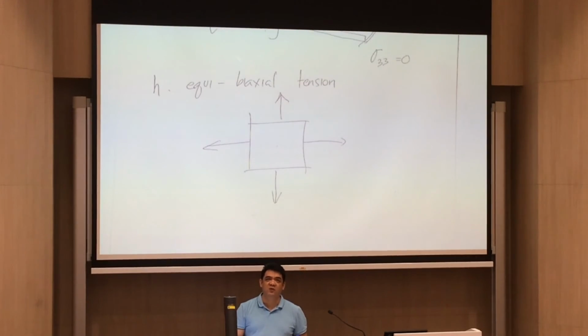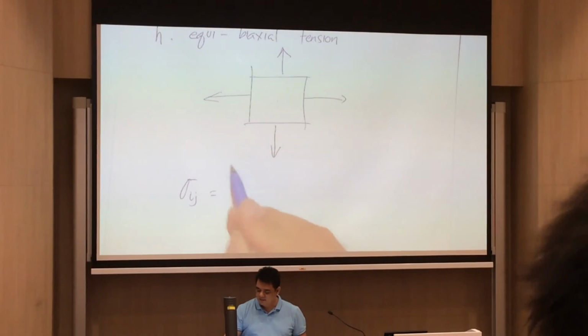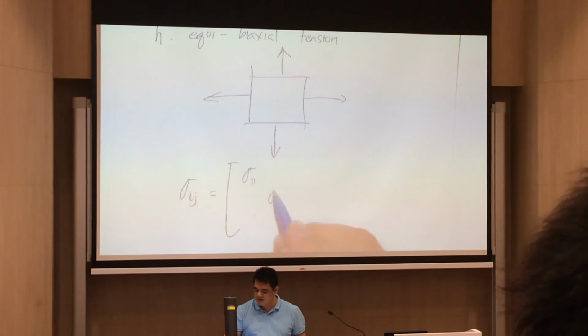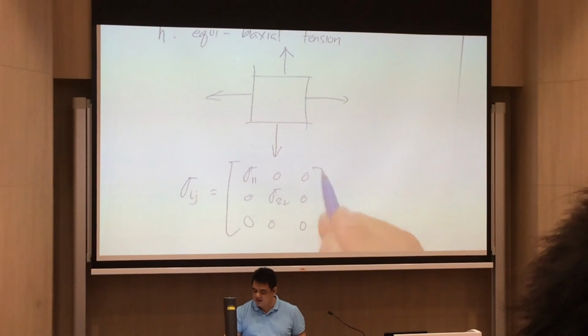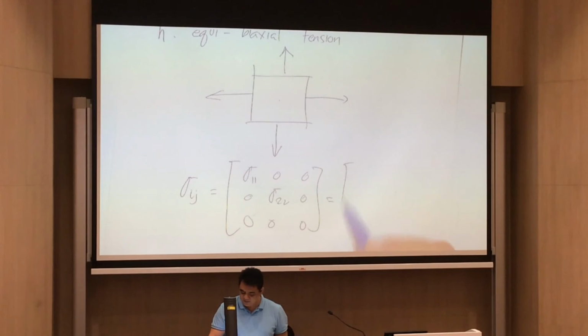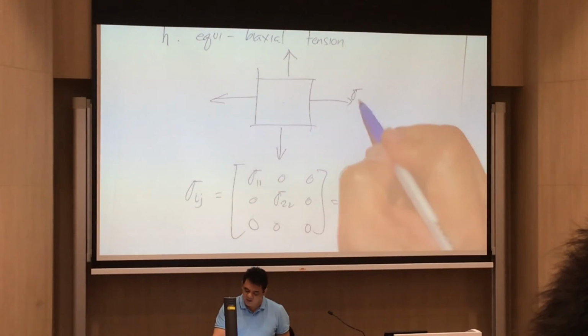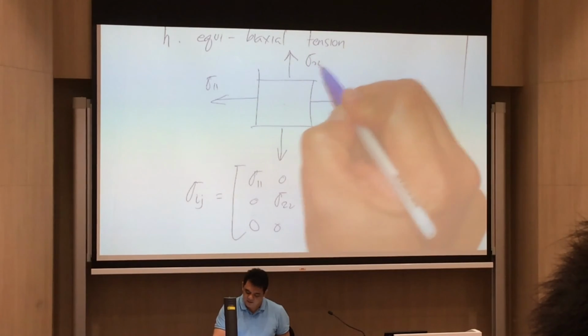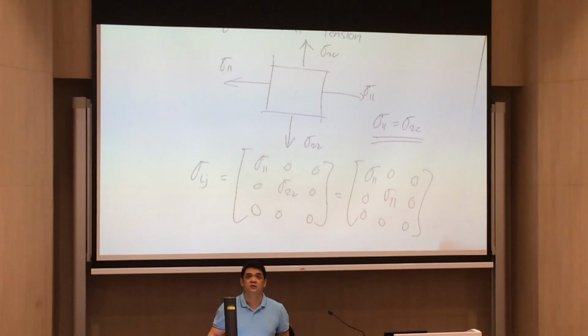So what do you get for equibiaxial tension? Sigma 11, sigma 22, all the others are 0, but sigma 11 is equal to sigma 22. Equibiaxial, equal. So sigma 11 equal to sigma 22. Okay?